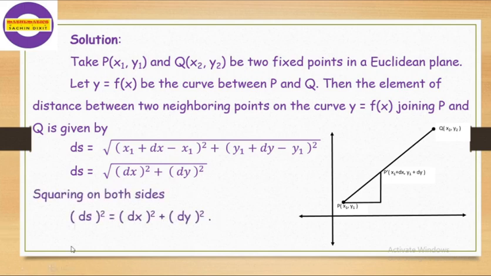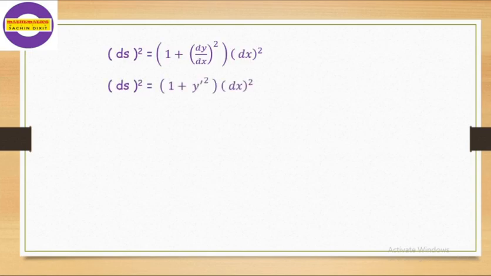Squaring on both sides, we get ds square equals dx square plus dy square. Again, a similar procedure is applied. ds square equals [1 plus (dy by dx) whole square] dx square.